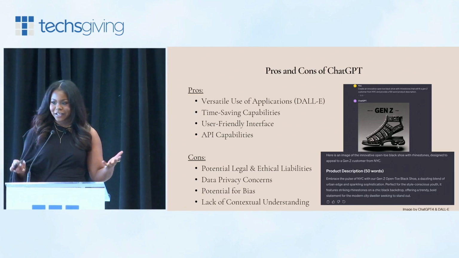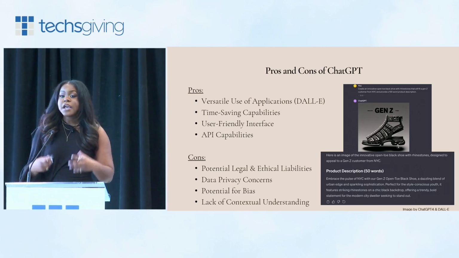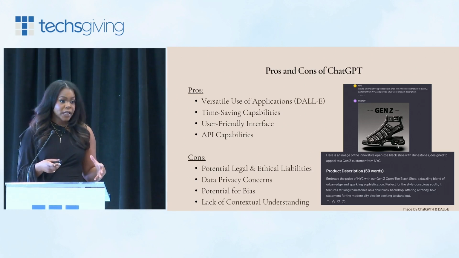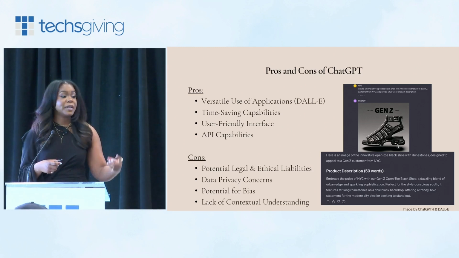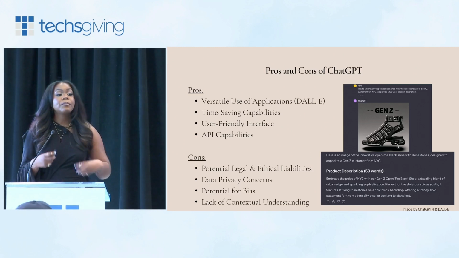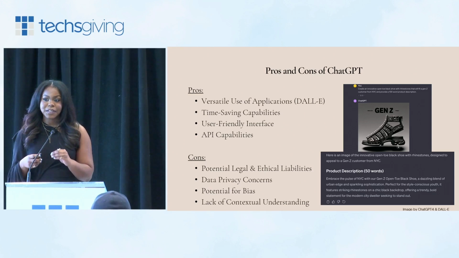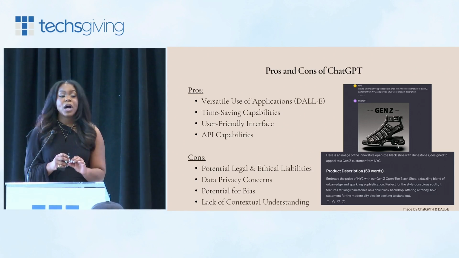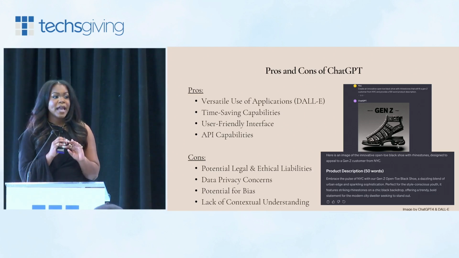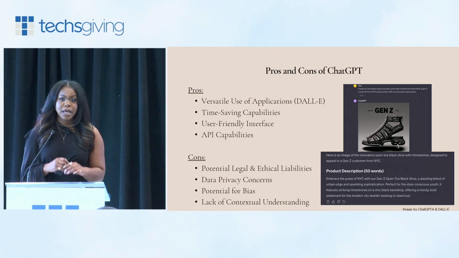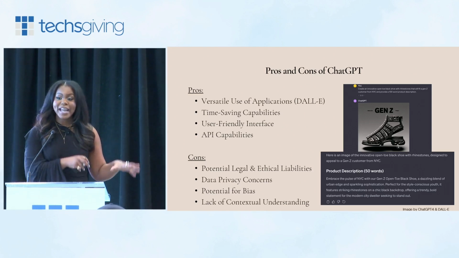In addition to that, there are more cons, right? So there are legal and ethical considerations. If you are starting a creative brand, and you want to utilize ChatGPT to enhance, let's say, your business plan, if you were to upload said business plan into ChatGPT, they now own it. One of the key elements that I want you to walk away with: any AI application you use is built upon databases.